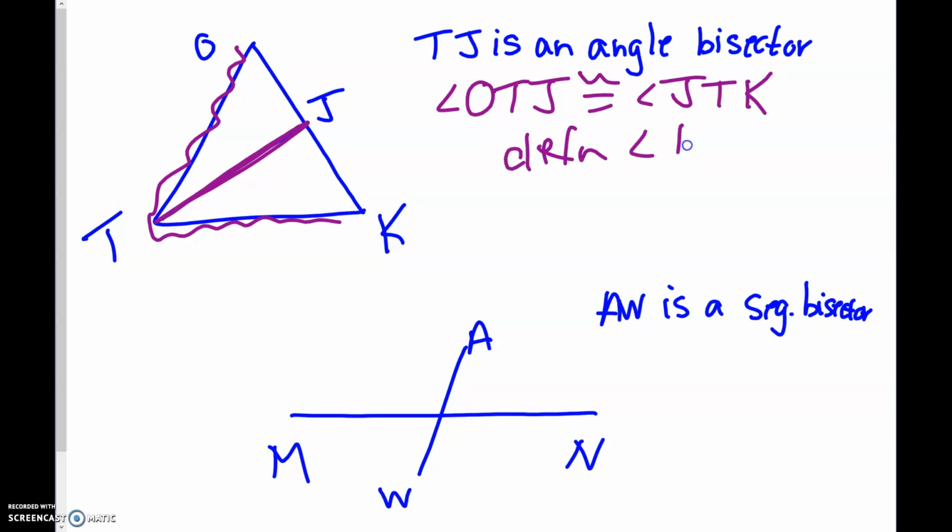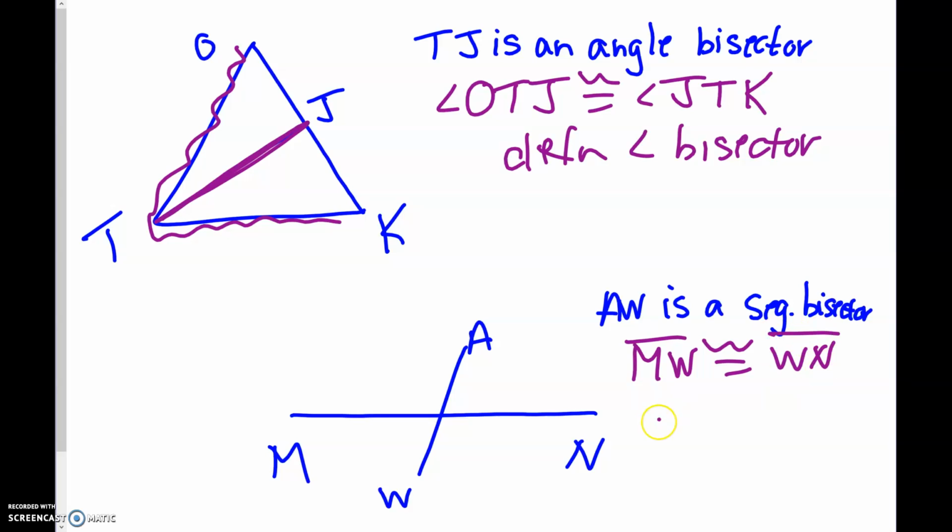Definition of angle bisector. Okay, along the same lines, now AW is a segment bisector. So what does that mean? It means that MW is going to be congruent to WN. And why can we say that? Definition of segment bisector.